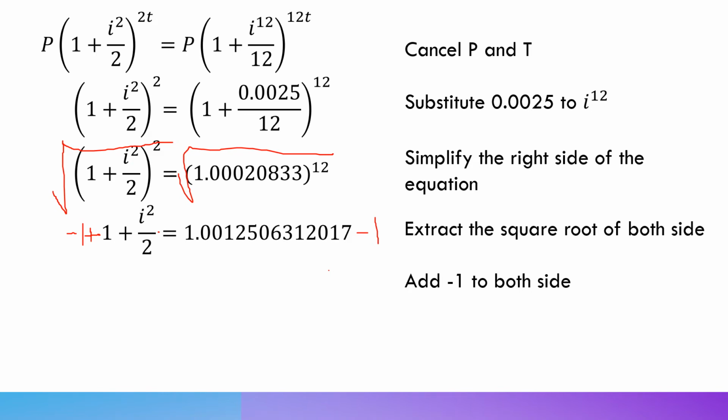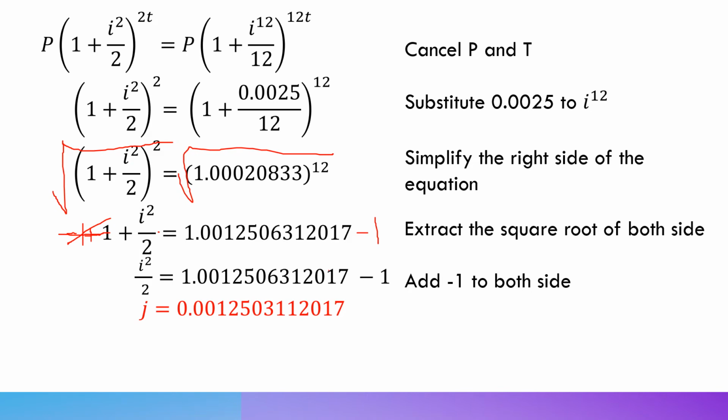That is the additive inverse of positive 1. Negative 1 plus 1 is equal to 0, so it is removed. What remains is I squared all over 2, which is equal to 1.001250631217 minus 1.